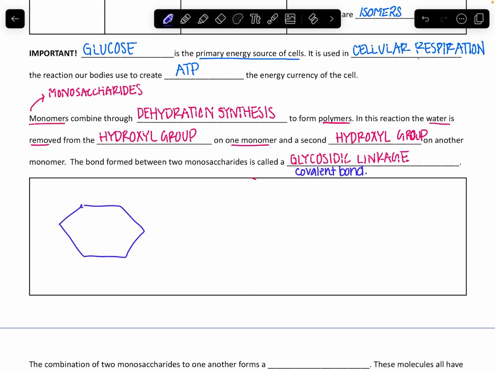Okay, so two ring structures. Okay, guess I'll have to redraw that. And I'm going to draw in my hydroxyl group here. Okay, and I'm going to draw in my hydroxyl group here.